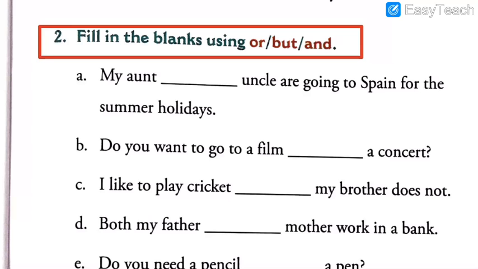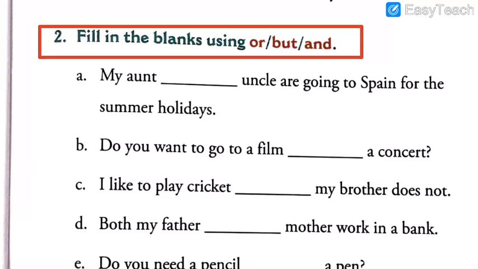I hope you are ready with your pencils for those who are having the textbook, and for those who are having the rough book, I hope that you are ready with your pencil and the new page, and that you have written the heading chapter 13 conjunction exercise number 2. I'll give you a couple more seconds to get ready so that you will be able to enjoy solving the answers with me. I'll give you 4 to 5 seconds for each answer.